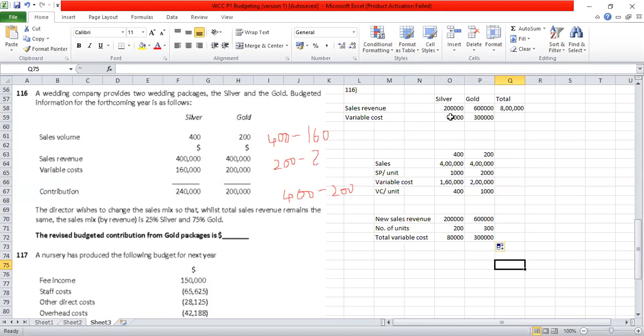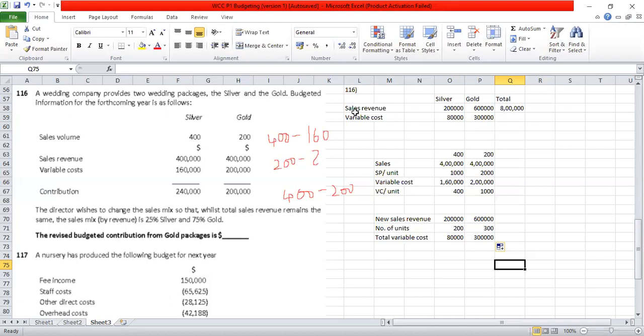The only thing why we went proportionately is the total sales part of it, the proportion in which the number of units sold is differing. No other variable, whether it is selling price per unit or the variable cost per unit, there is absolutely no change. So for that reason, variable cost is the cost which varies proportionately with the output. It is only the output which is changing. Price per unit, cost per unit, there is no change which is mentioned. For that reason, we are directly calculating it proportionately.